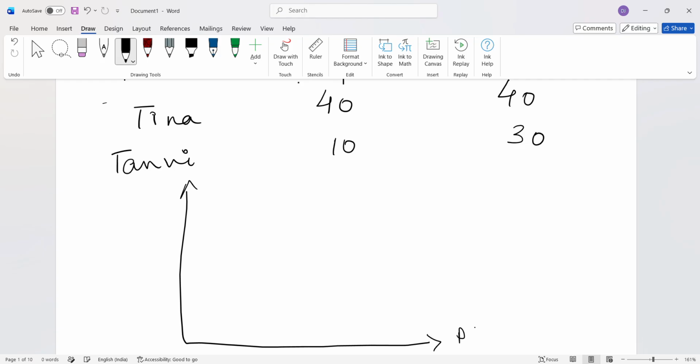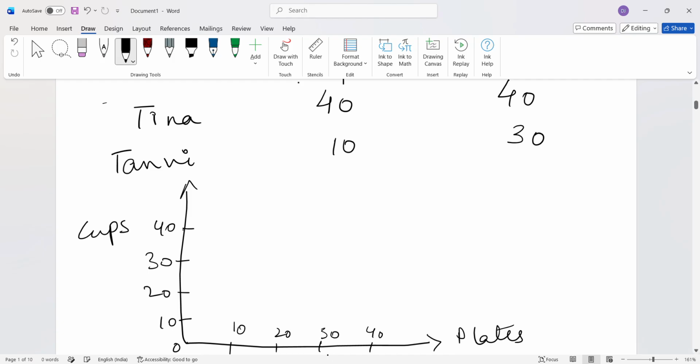Let's say I have plates on my x-axis and cups on my y-axis, right? Let me mark this as well: 10, 20, 30 and 40, and here also 10, 20, 30 and 40. Now it's 40 for Tina.